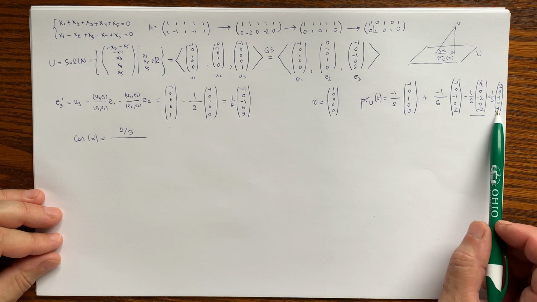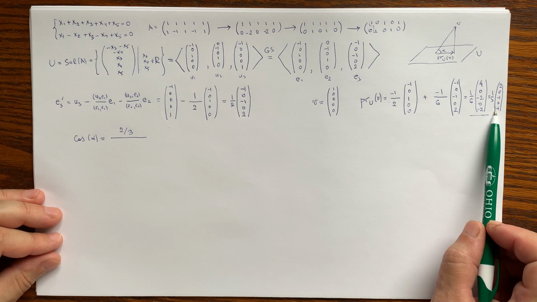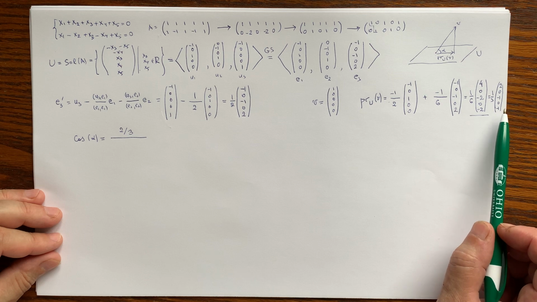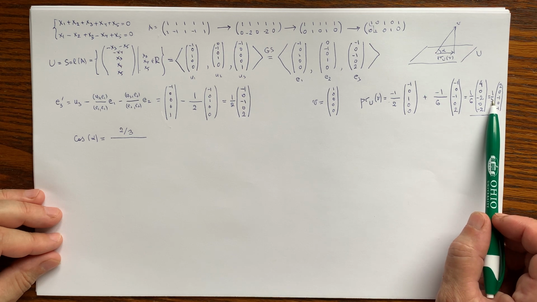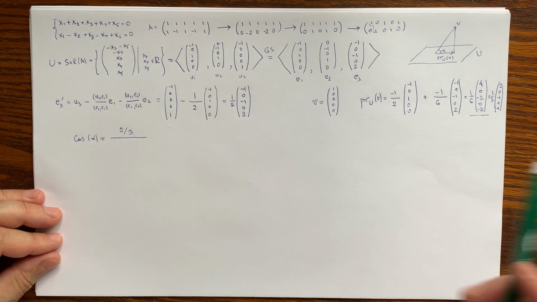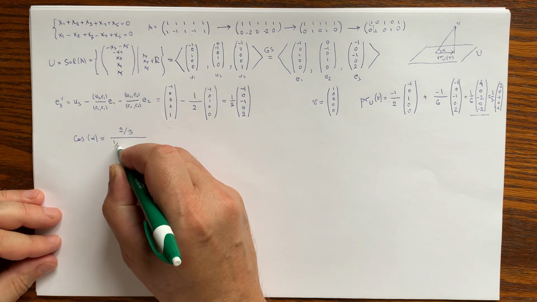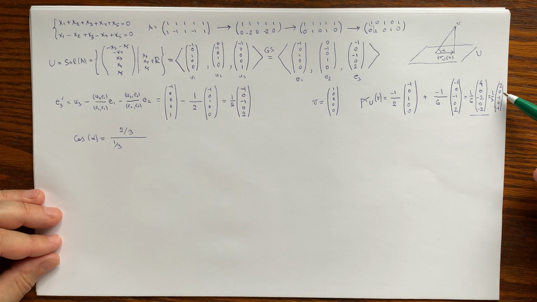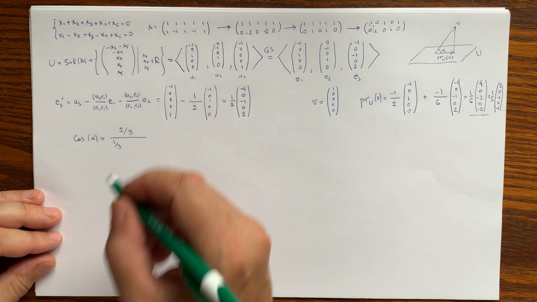It doesn't contribute anything. The norm of this vector is our numerator, and the norm of the vector multiplied by a number is the norm of the vector multiplied by the number. So I can factor 1/3 out and have the norm of this vector, which is the square root of the sum of squares of the coordinates. 4 plus 1 plus 1, we computed that before.